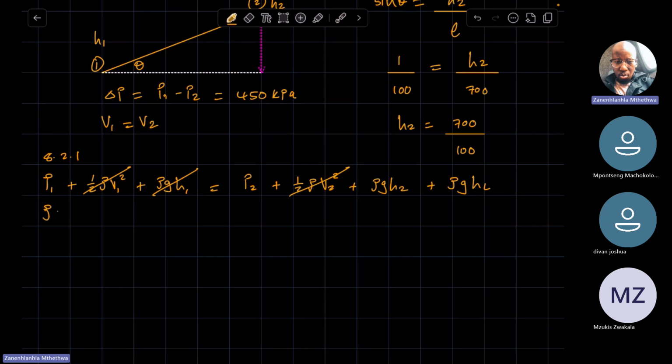So making rho GH sub L is equal to, then we will get P1 minus P2, right? We group those terms together, seeing that they are like terms. And then this becomes negative, so minus rho G H2, right?